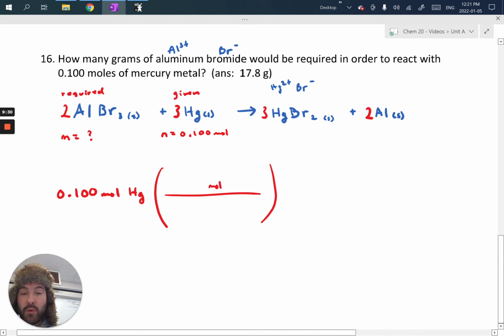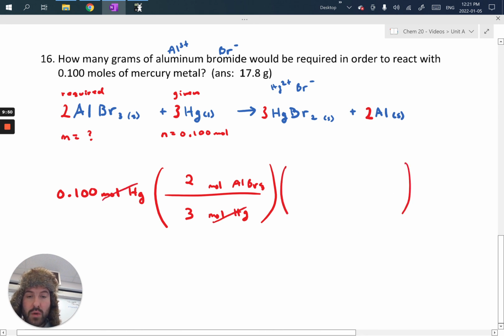So my moles of AlBr3 are what I'm looking for, and I have my moles of Hg, what I want over what I have, plug in my coefficients from my balanced equation, and it's 2 moles of this for every 3 moles of this. And then my next step here is now I have moles of aluminum bromide.